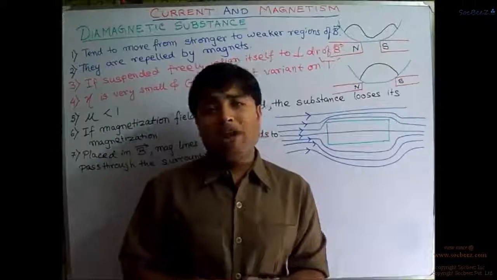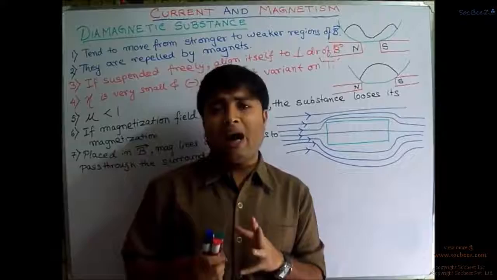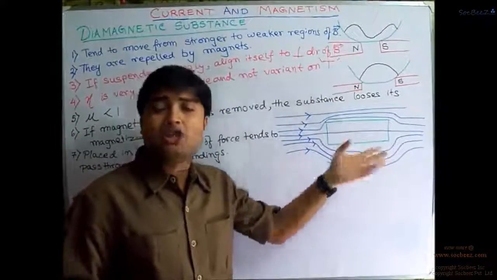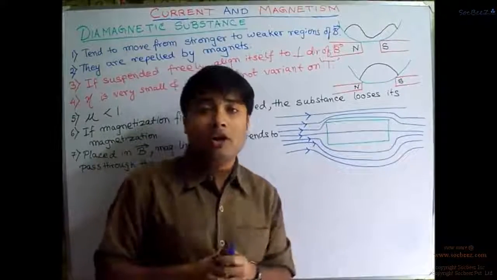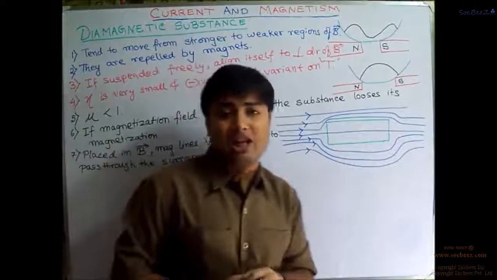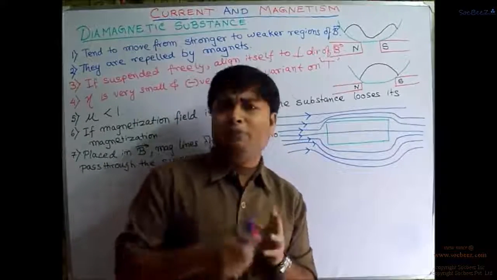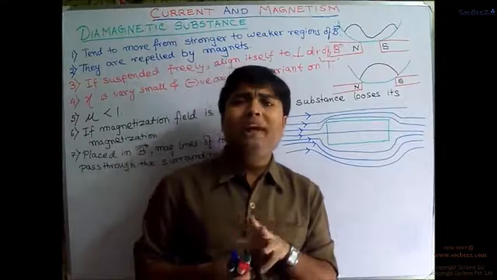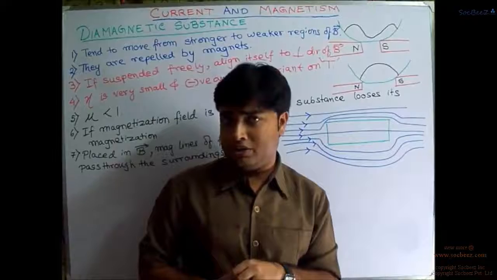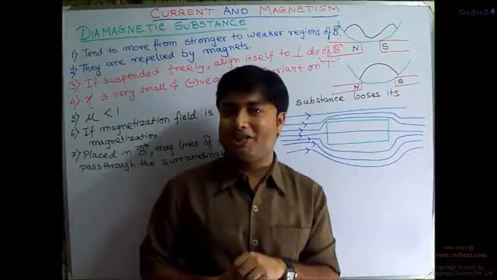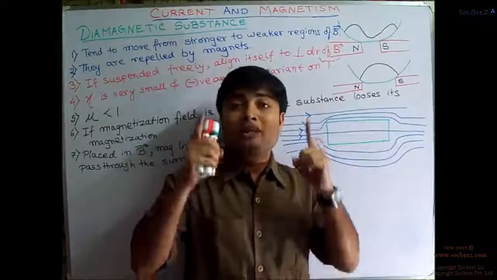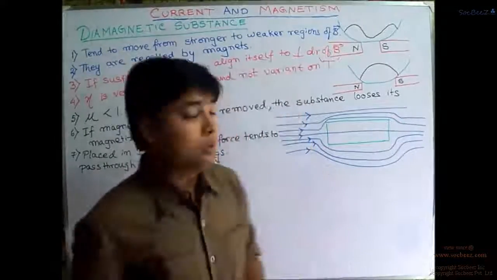Now, say for example, if we are placing this diamagnetic substance or a diamagnetic rod in a magnetic field, in the same scenario, it will be observed that a weak magnetization will occur, but the direction will be completely reversed to that of the magnetic field, right?